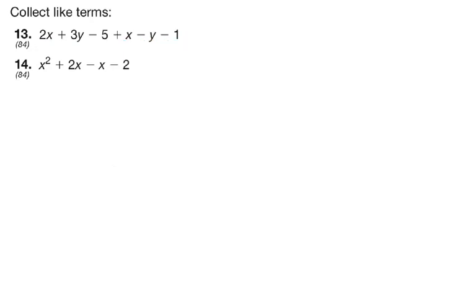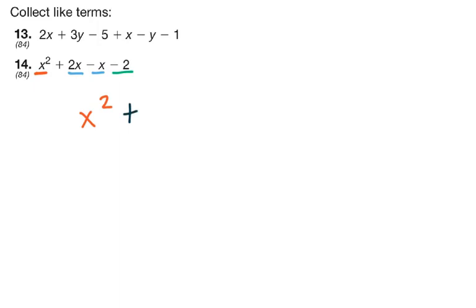For 14, you have x squared all by itself, then you have x, and then you have a 2. So x squared is just going to stay by itself because you don't have any other x squared. You cannot combine just a plain x with an x squared when you're adding and subtracting, so don't even try.